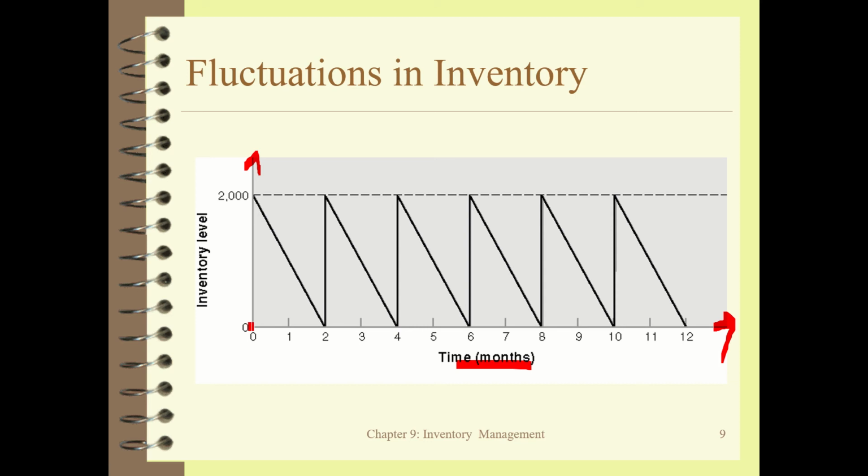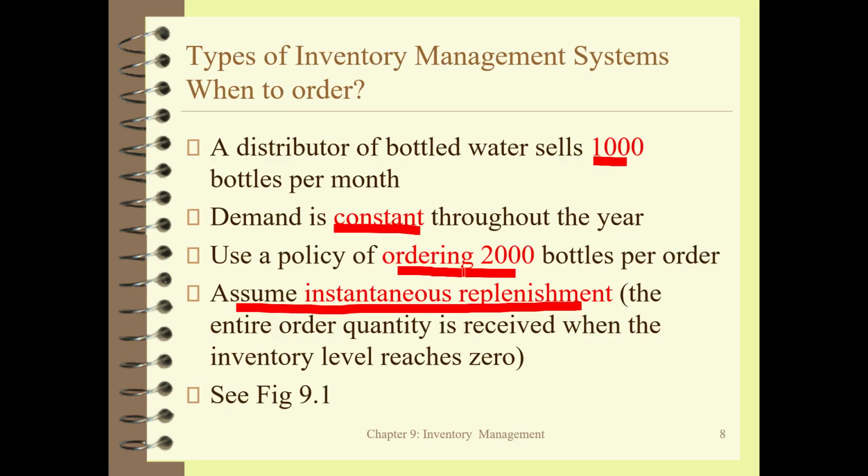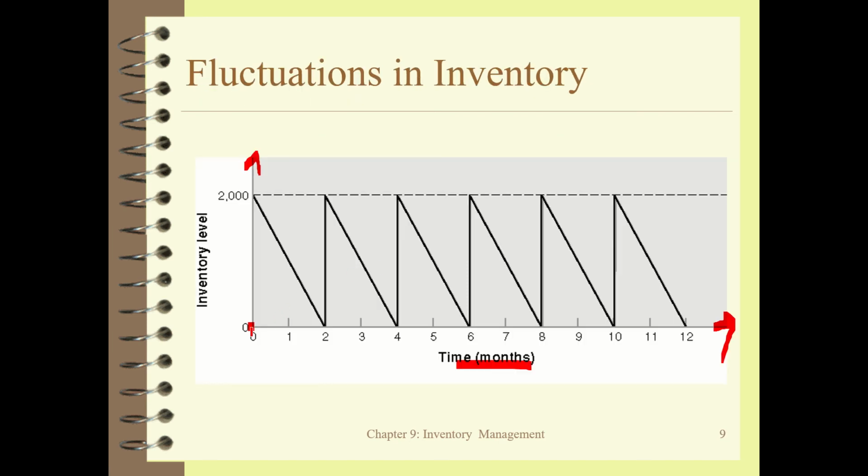Every time we order 2,000. So first we order 2,000, and that order amount comes immediately to our stock. So in our stock we have 2,000.